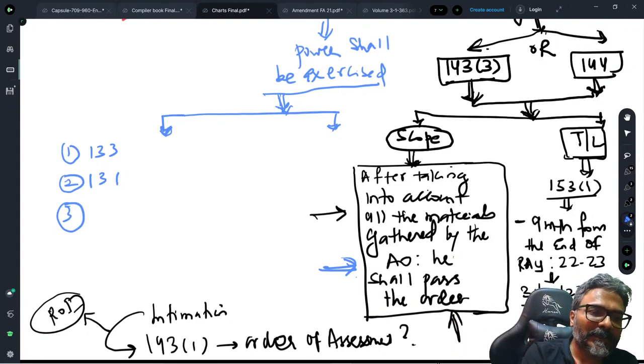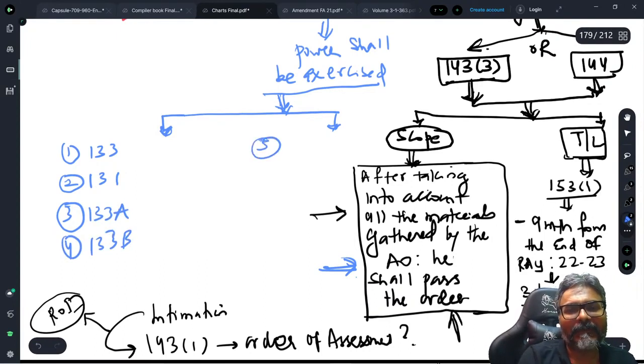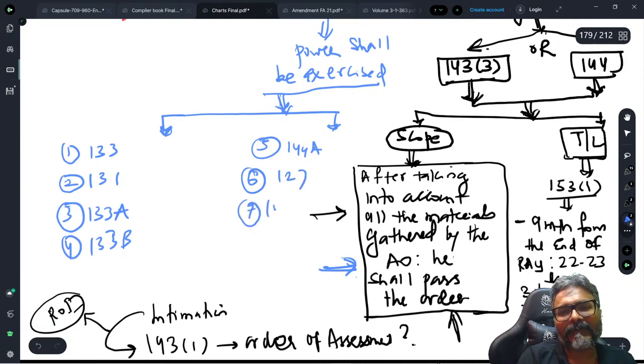So 133, 131. Thereafter 133A, 133B is this provision, and thereafter point number 5, probably, I will say it is 144A, point number 6, 127, point number 7, 142(2A), and last but not the least, students, is 142A.